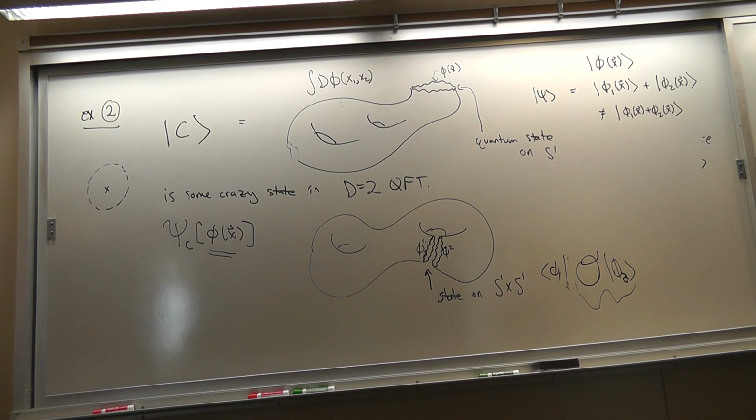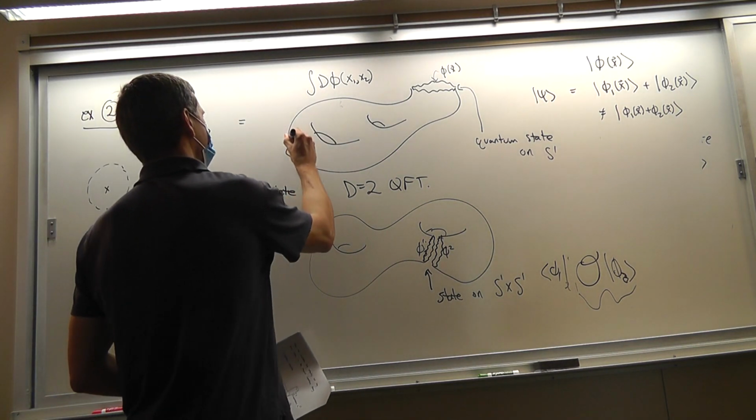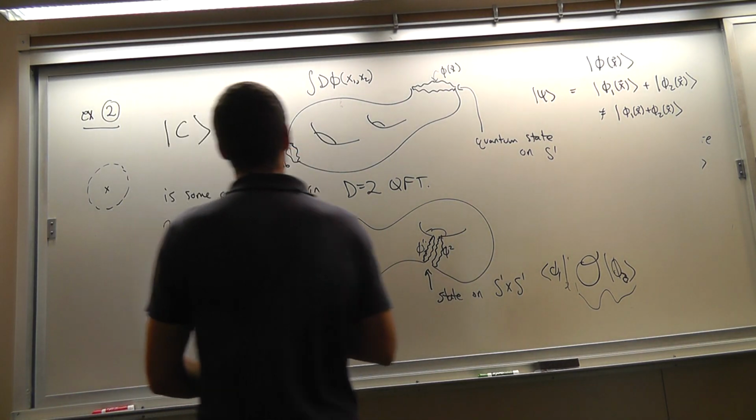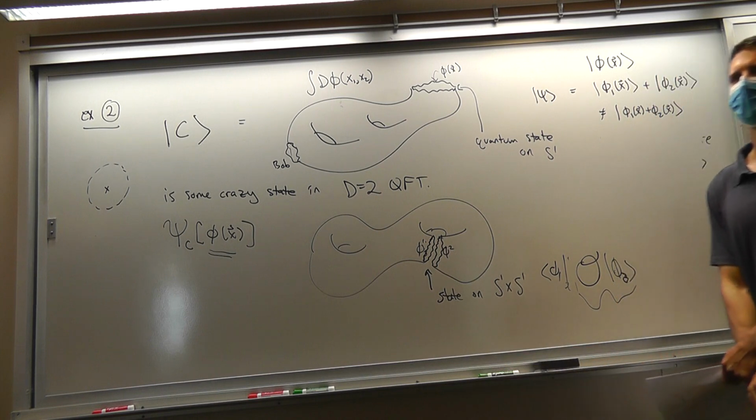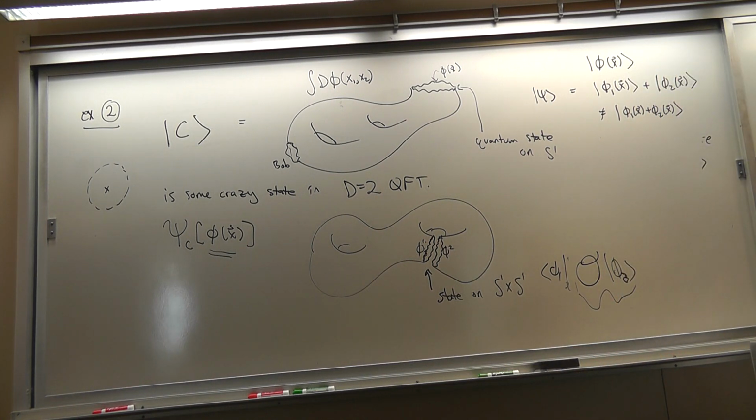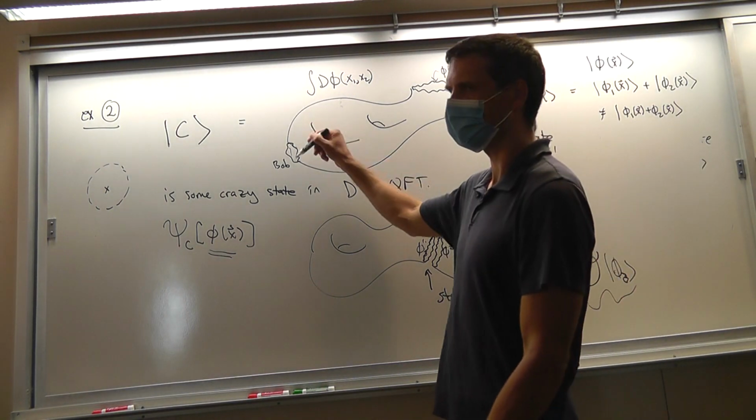Okay, in the top picture, can you label the cut on the left, just so I could ask my question? Okay, so let's say we integrate over the boundary conditions on Bob. Would that give us the original state we had without the left cut? You're trying to do something that closes this cut?